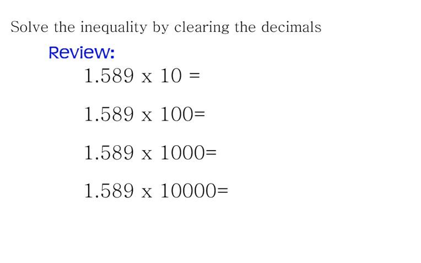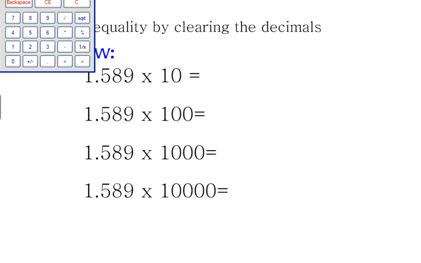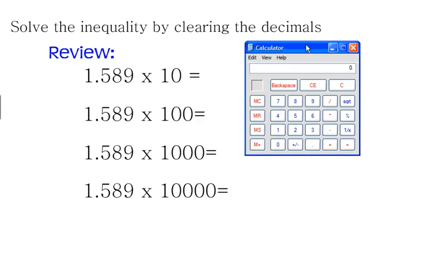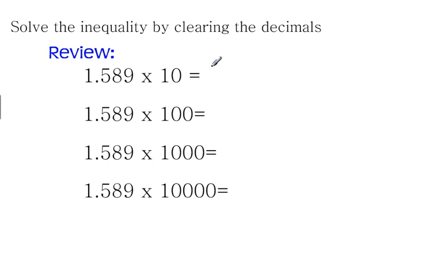Now we're going to talk about working with decimals in these type of equations and inequalities, and I want to do a quick review on multiplying by powers of 10. If I have 1.589 and I multiply it by 10, let's use a calculator really quick because this is such a tough problem. 1.589 times 10, it's 15.89.